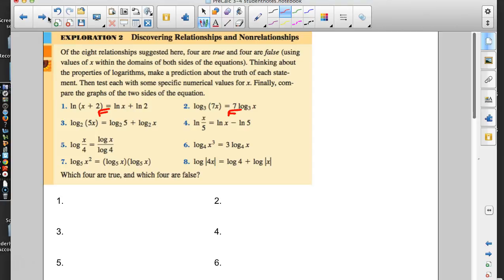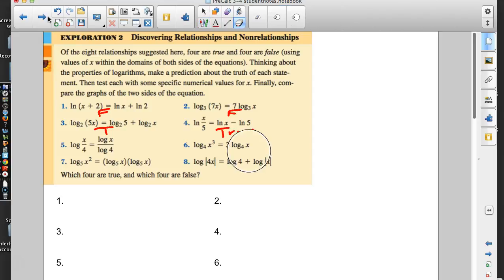Take a look at 3. Logarithm base 2 of 5x equals logarithm base 2 of 5 plus logarithm base 2 of x. True or false? That's one of our properties. Number 4, natural log of x divided by 5 equals natural log of x minus natural log of 5. True or false? True. One of our properties.